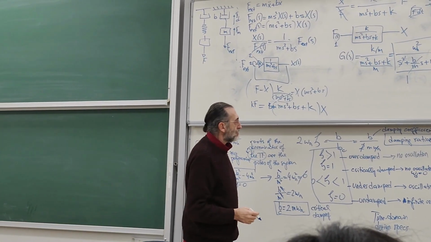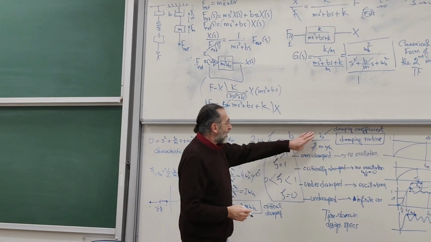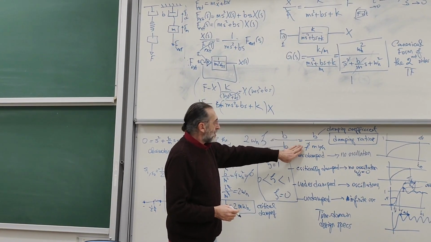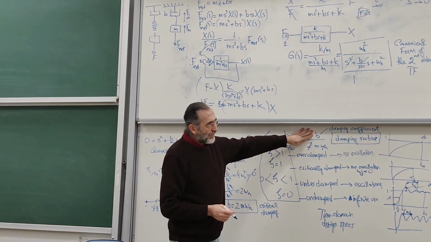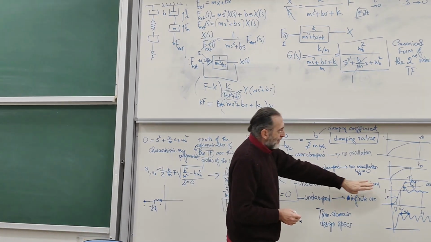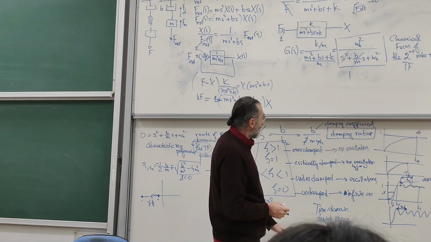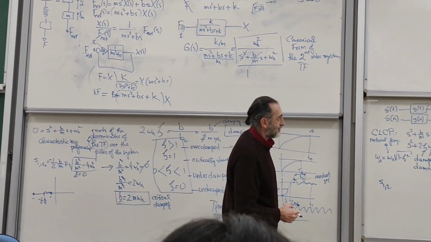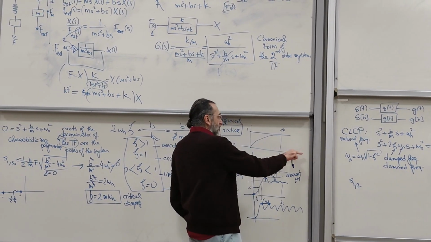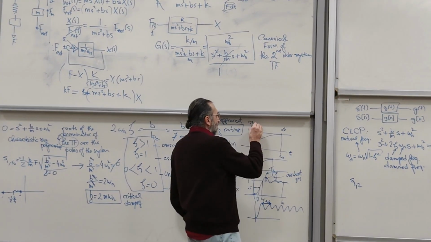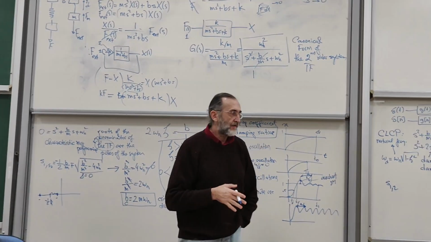By using these many parameters of the system, we express our design criteria, design specifications, in the time domain, because we're talking about the movement of the system x in time. That's the behavior of the system in time.